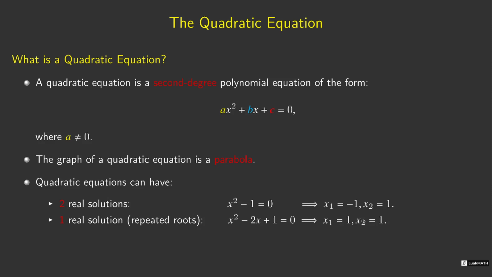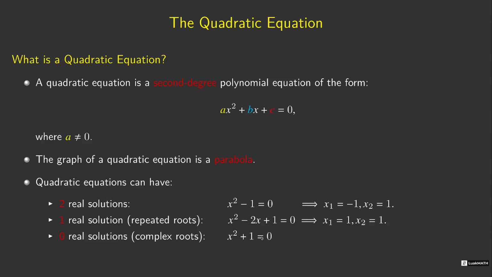And then the very last one is when you get 0 real solutions, which means you don't get any real solution. You get complex roots. In the first 2 scenarios, we're dealing with what we call real roots, but you can also have complex roots. Let's look at a specific example: x squared plus 1 equals 0.